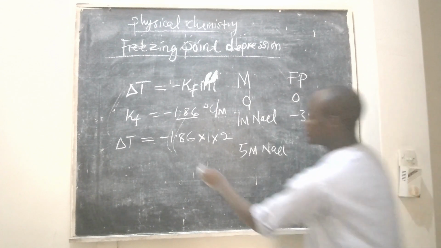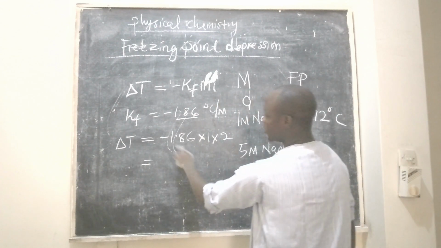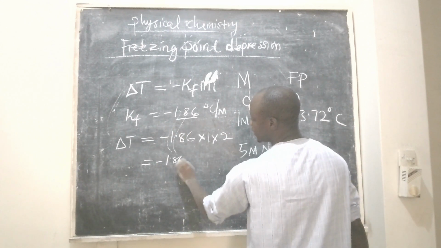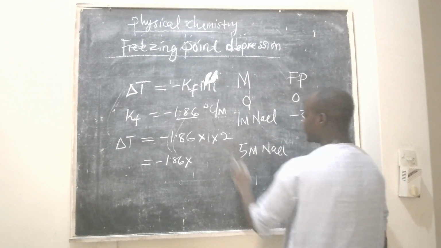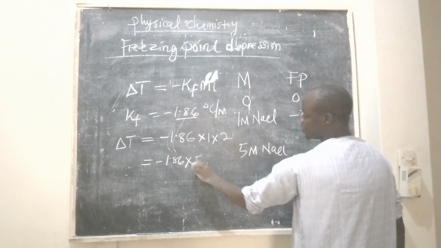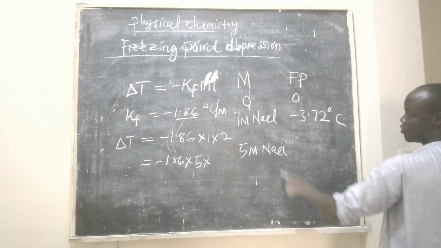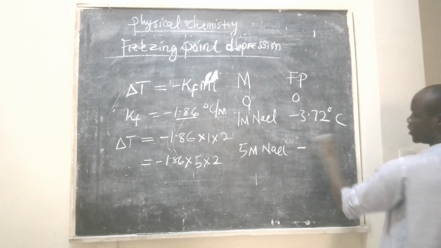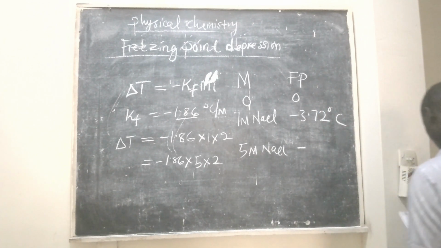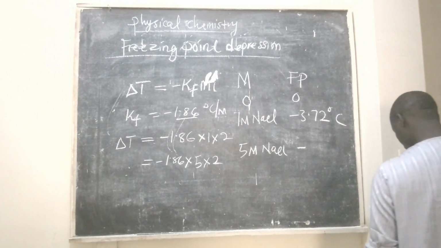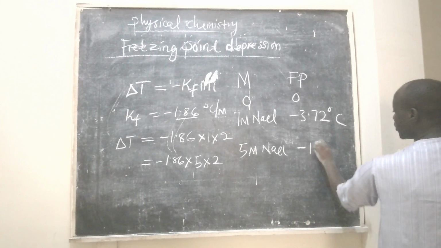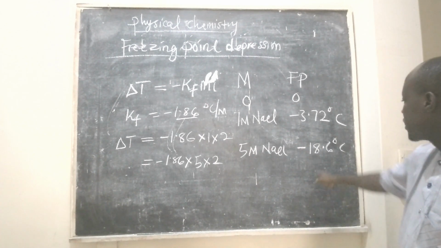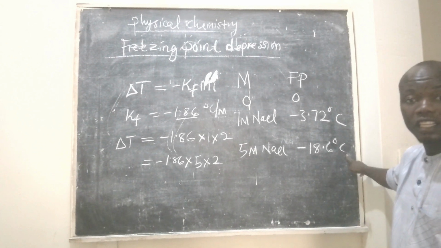It's simple. We know that the cryoscopic constant of water is minus 1.86, then times the concentration, which is 5, and then the van't Hoff factor, since sodium chloride is 2. At this point, the freezing point of water will be decreased by minus 18.6 degrees centigrade.